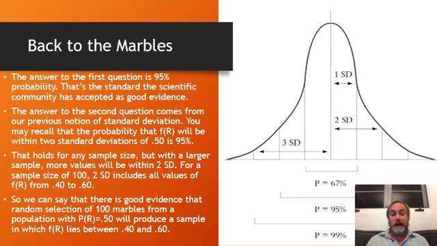Certainly, it's always possible that our sample could be all non-red. There are 100 non-red marbles in that jar, but the probability of that happening is incredibly low. So you can have outcomes in that extra 5% that's outside our range, but you're never guaranteed a certain proportion.